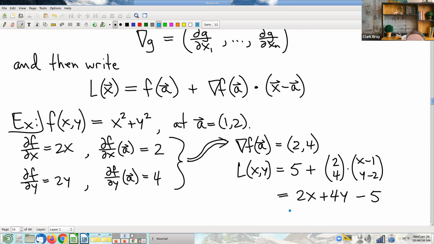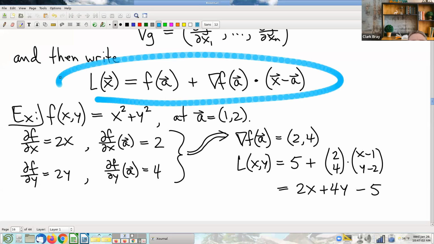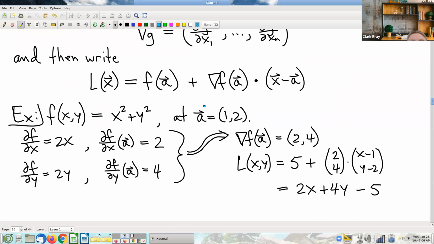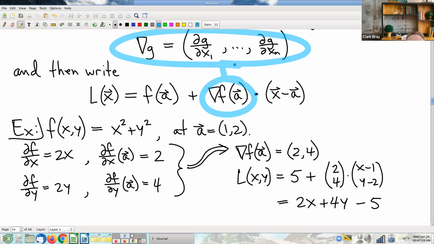Okay. So let's see an example. Here's our streamlined linear approximation formula. And let's apply that to this function at that point. Well, I'm going to need to compute this gradient thing. So I'm going to have to take all the different partial derivatives of my function.